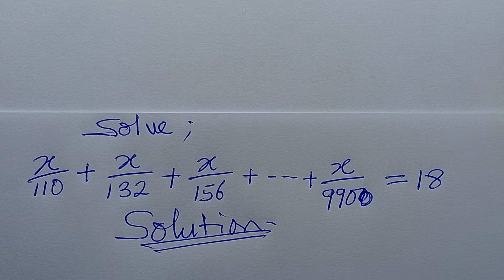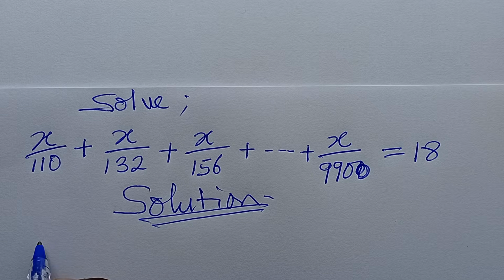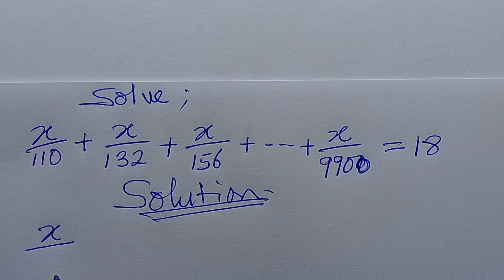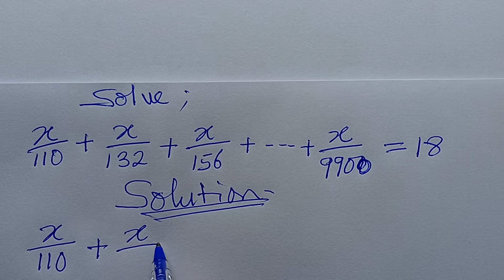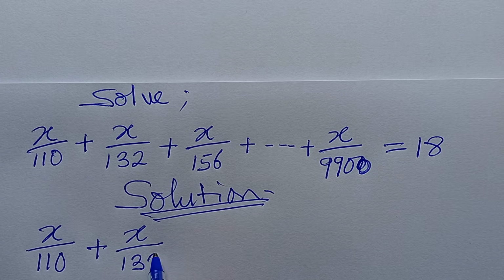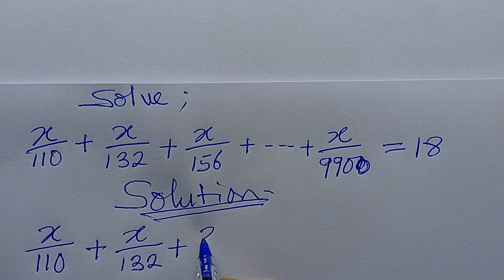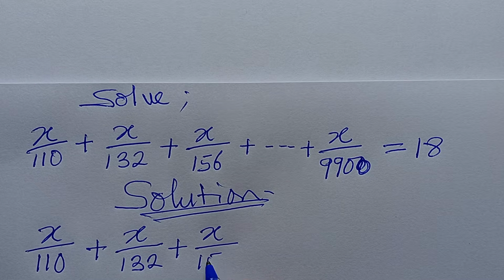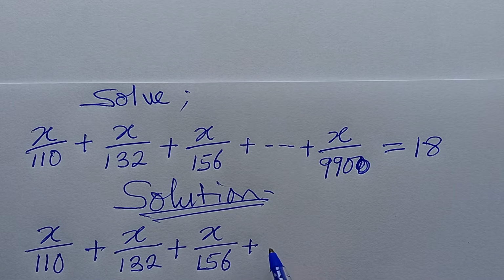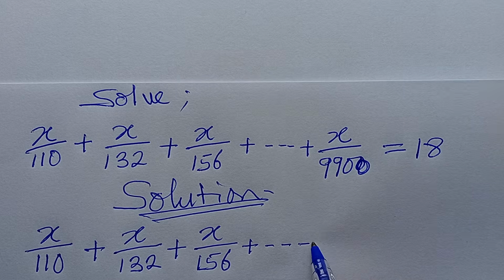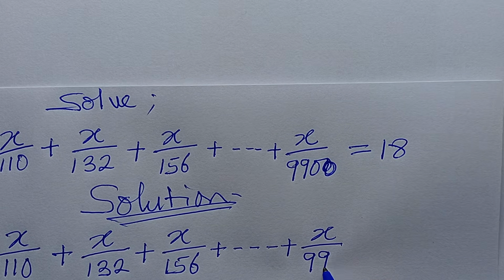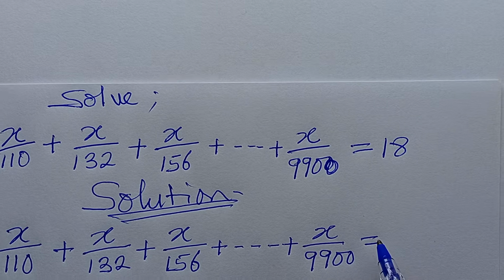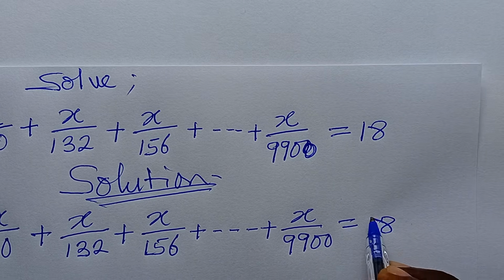Now, if you check these expressions we have here, let's put down the question here again so that we get it clearer. We have x over 110 plus x over 132 plus x over 156 plus dash dash dash plus x over 9900, everything equal to 18.